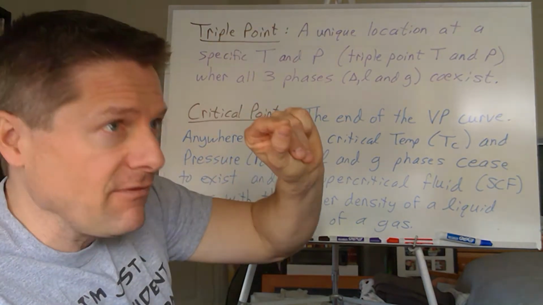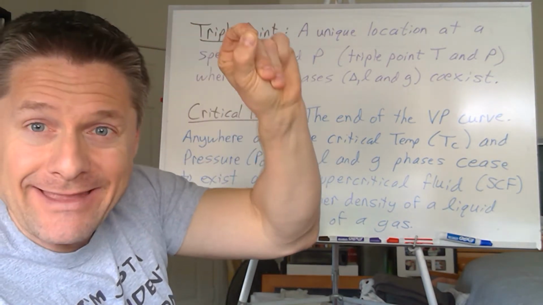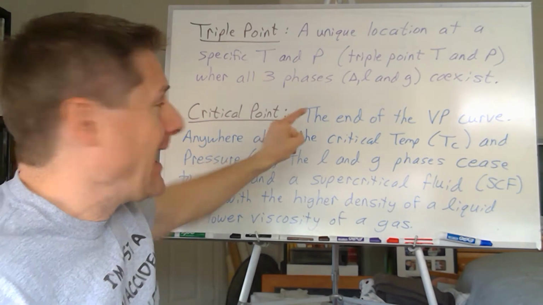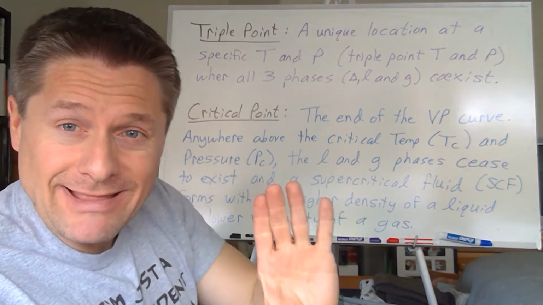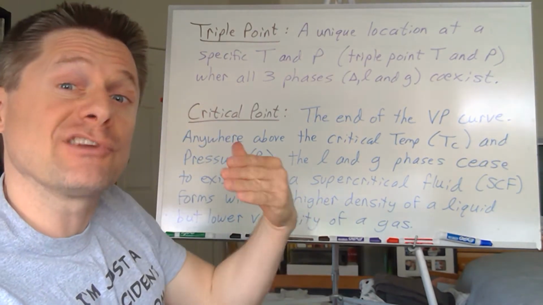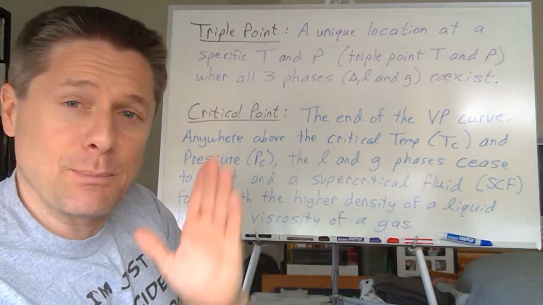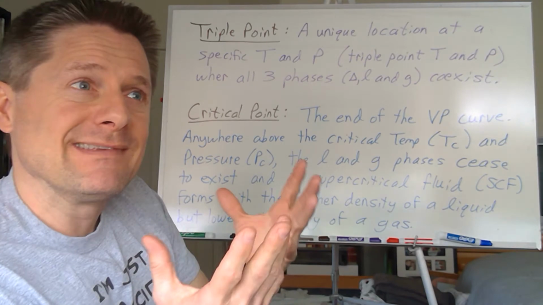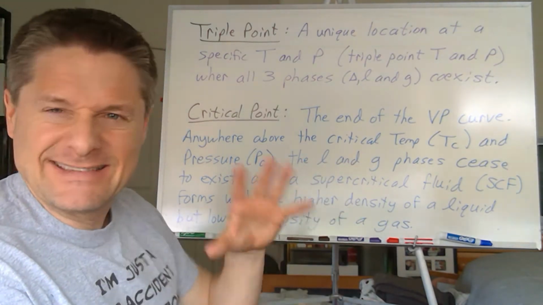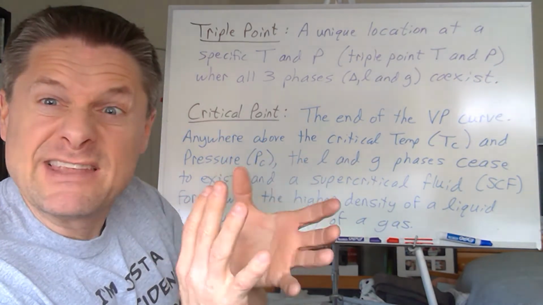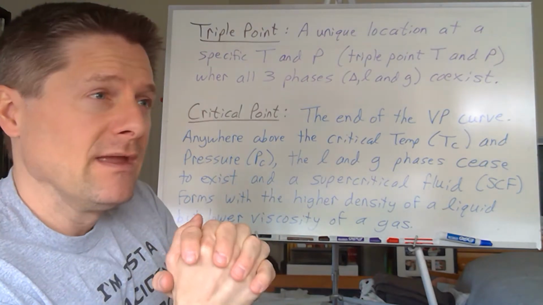Critical point, again, that's the end. So you're drawing the vapor pressure curve, and where it ends, I like to draw a little dot there. That's the critical point. So the temperature at that point is called the critical temperature. The pressure is the critical pressure. And if your pressure's above that and temperature's above that, what happens is the liquid and the gas phases kind of cease to exist. They become indistinguishable. They merge together.